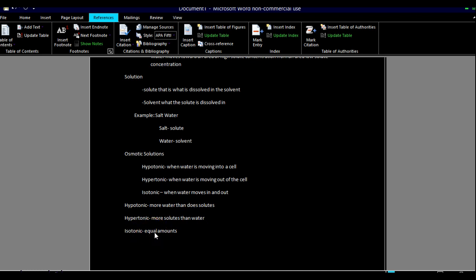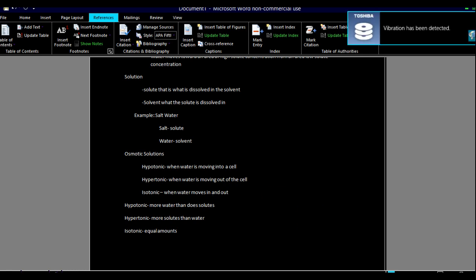And when we talk about them being isotonic, they're going to be in equal concentrations. So that means that water is going to move in and out at equal rates. Okay, that means that there's not going to be any net movement of water, but for every one molecule that moves into the cell, another one's going to move out.